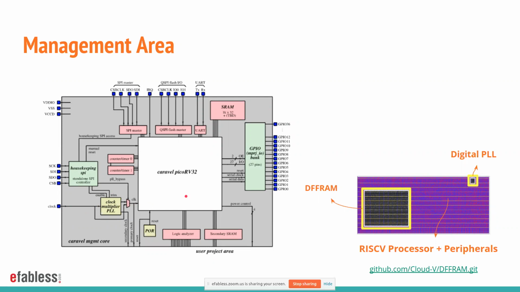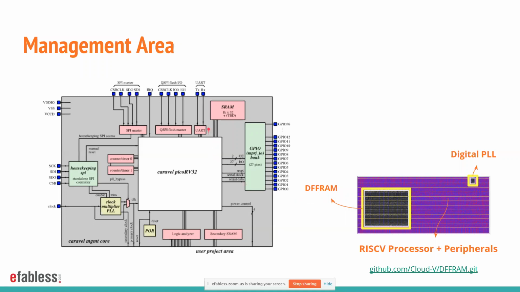The management area also contains a large number of GPIOs, which are shared between the management area processor and the user project area. There is also a flip-flop based memory in the management area. It is generated by the DFFRAM memory compiler, and it has a size of 1K.